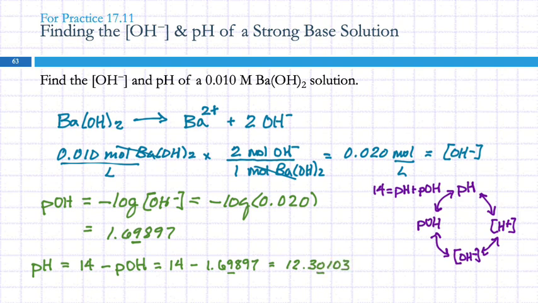So I want 2 decimal places, so 12.30. 2 decimal places is a very common precision for pH and POH. Occasionally you'll see 3, but really not anything more than that. Any questions?